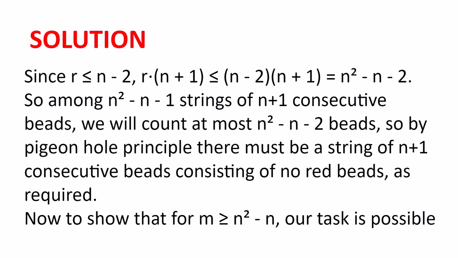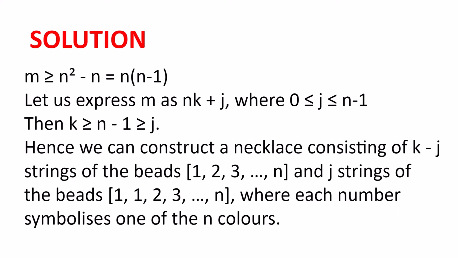Now to show that for m greater or equal to n squared minus n, the task is in fact possible. Let us express m as nk plus j, where j is between 0 and n minus 1. Then k is greater or equal to n minus 1, which is greater or equal to j.